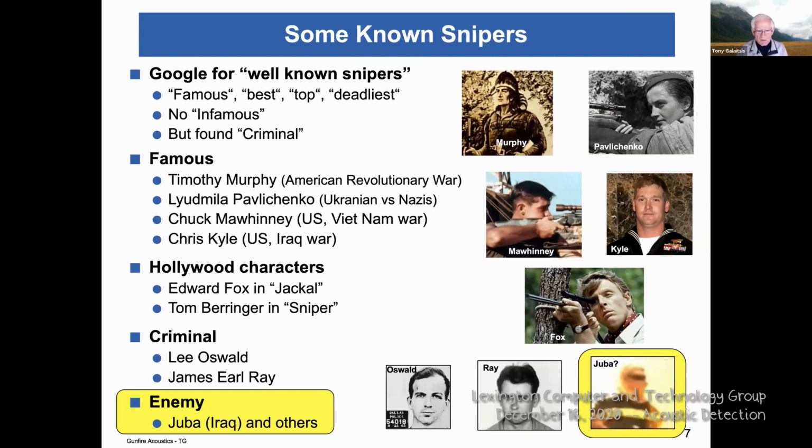We have then several Hollywood characters like Edward Fox in The Day of the Jackal and Tom Berenger in Sniper. And then the bottom row is Lee Oswald, James Earl Ray, and a guy who apparently raised havoc in Iraq with the American soldiers. His name was Juba.